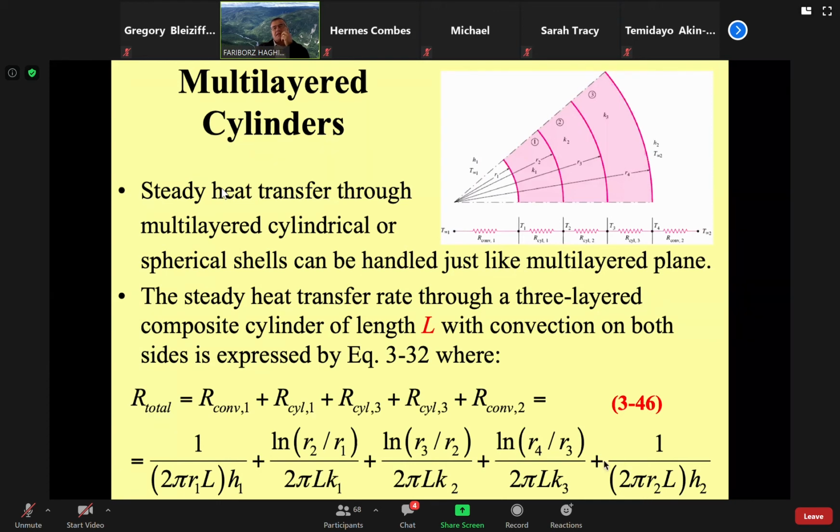If you look at this equation that you have, if you increase the thickness of insulation, what will happen to resistance?